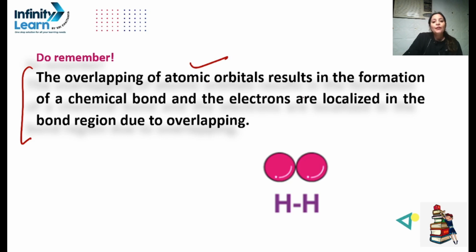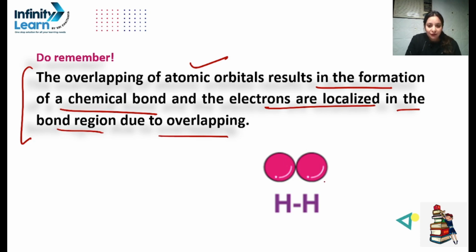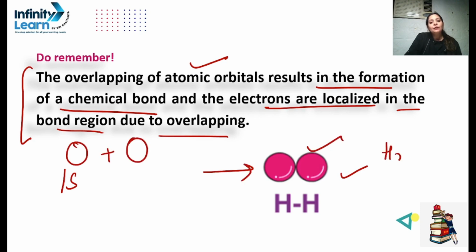So overlapping of atomic orbitals always results in the formation of a chemical bond, and the electrons are localized in the bond region due to overlapping. In this case, for example, you know that in case of hydrogen, we have got two s orbitals. So they overlap, and that is the reason H2 is formed.